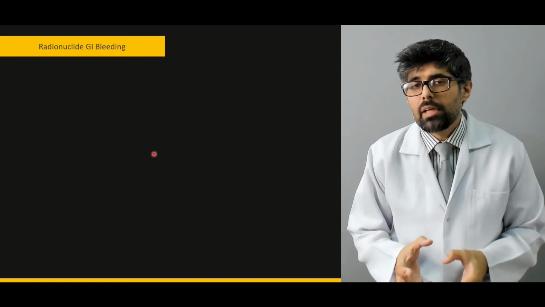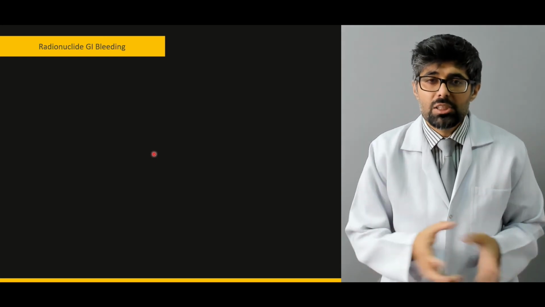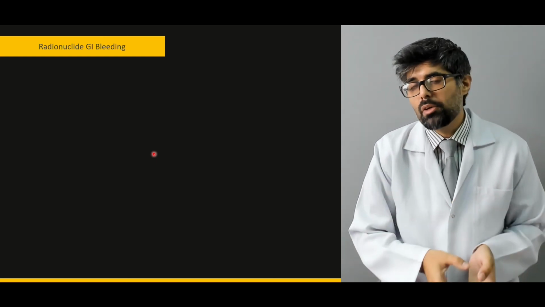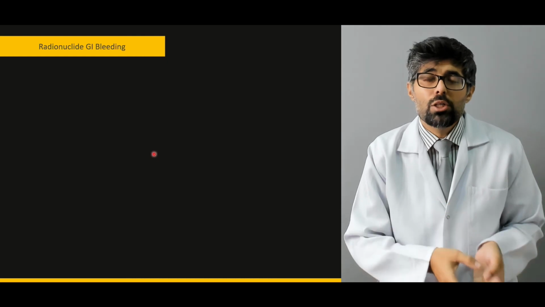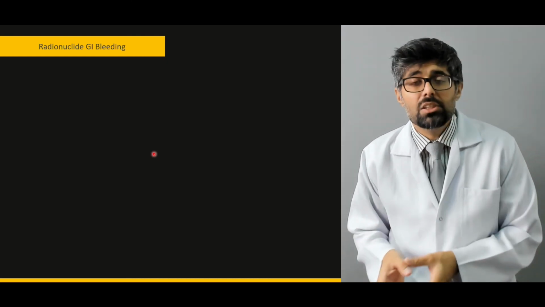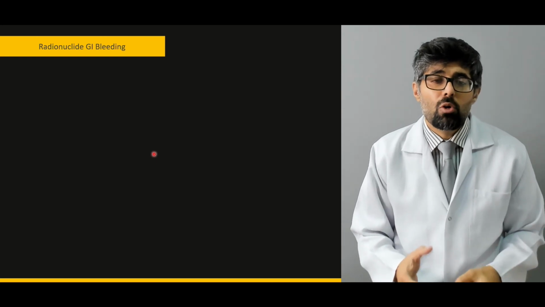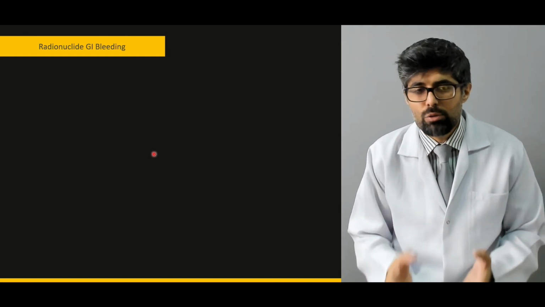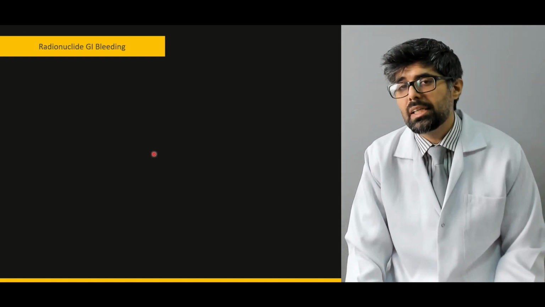So sometimes the endoscopic studies, like the ERCP, that is the endoscopic retrograde cholangiopancreatogram, or the MRCP, the magnetic resonance cholangiopancreatogram, do not find the source of the bleed. In that case, we perform a very specific test which is called a radionuclide GI bleeding test.